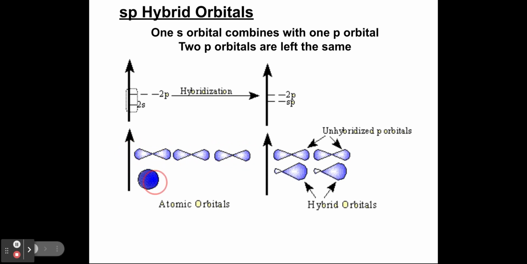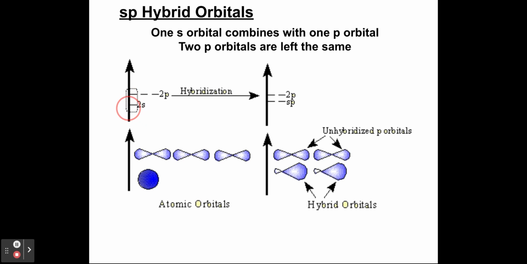So what happens during bonding? The central atom's orbitals, when they are bonding, let's say there are two bonds, or two electron groups. If there are two electron groups, then you take an s orbital, the 2s, and a 2p. Those are going to hybridize.